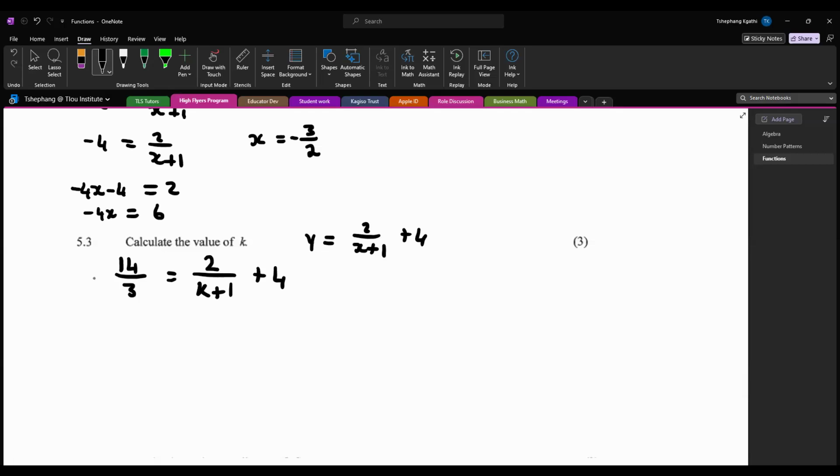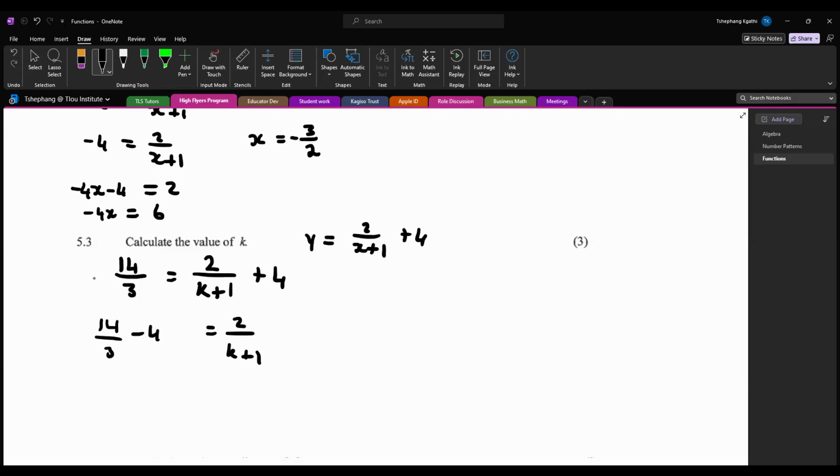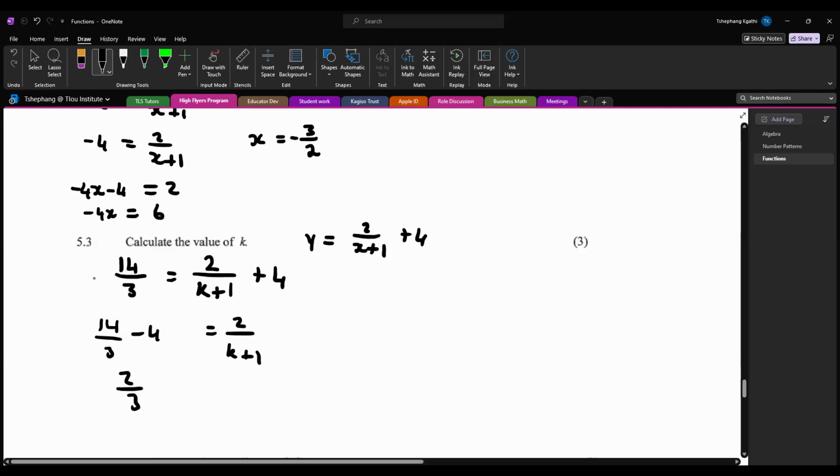We will just take the 4 over to the other side. So I have 14 over 3 minus 4 is equal to 2 over k plus 1. Then what we can do is find what that is on our calculators. This gives you 2 over 3 is equal to 2 over k plus 1.